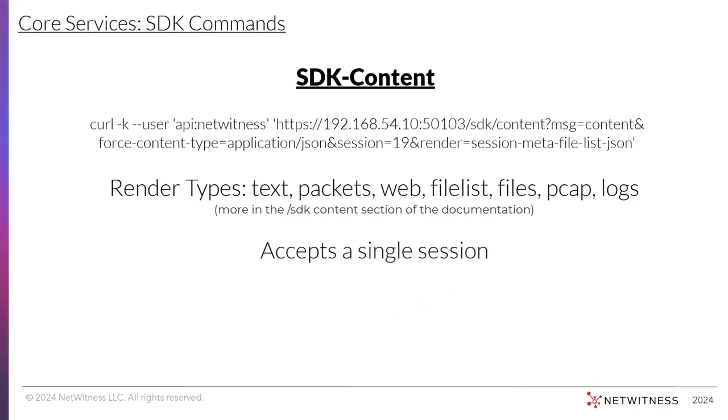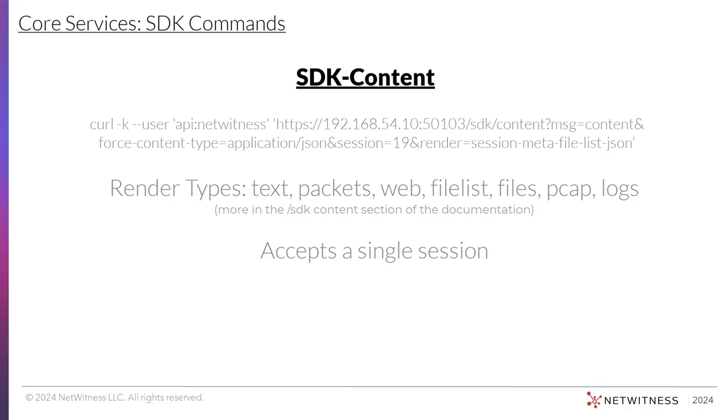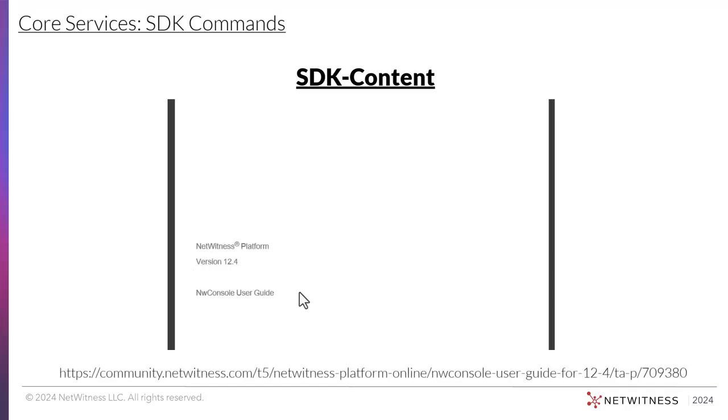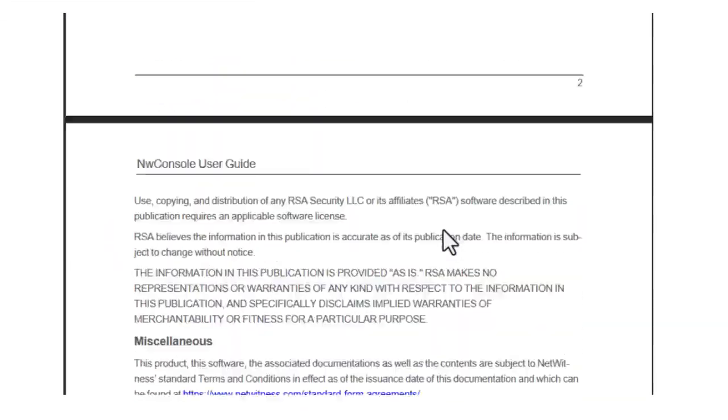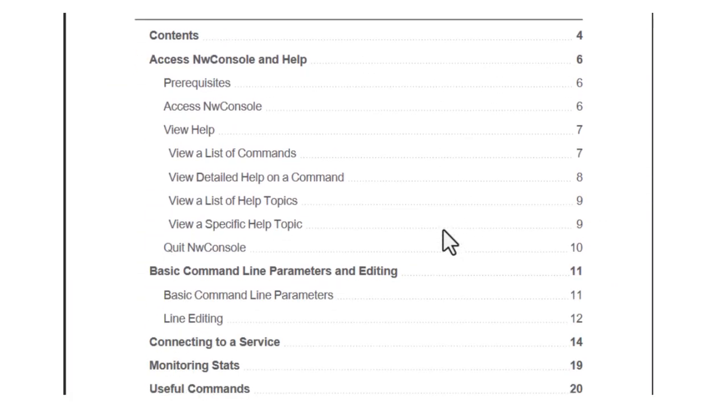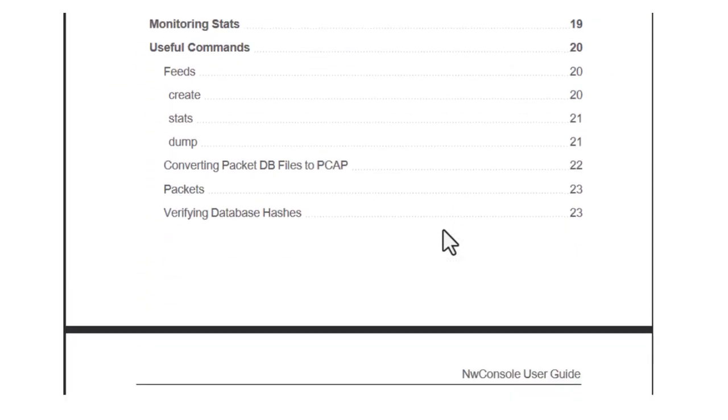One limitation of the SDK content call is that it only takes a single session as an argument, so I'm going to take a quick detour here and also call out the option of using NWConsole and its content method. NWConsole is a terminal application which is mostly designed for humans to interact with, though.